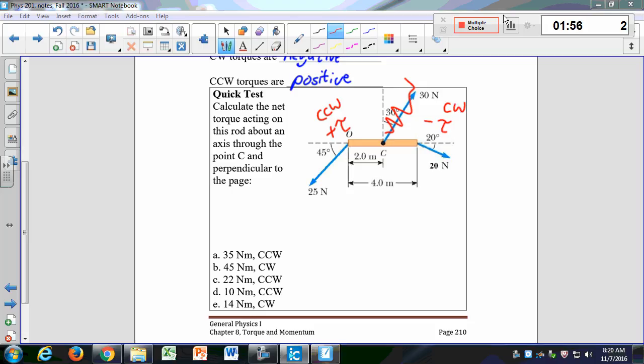Now what I want you to do, I'll leave you for the rest of it. You want to figure out what is the total torque.